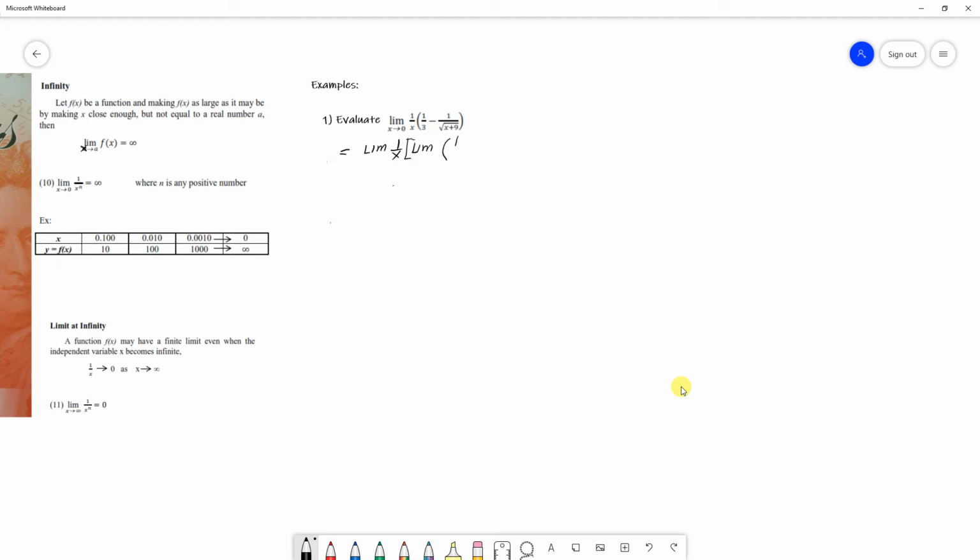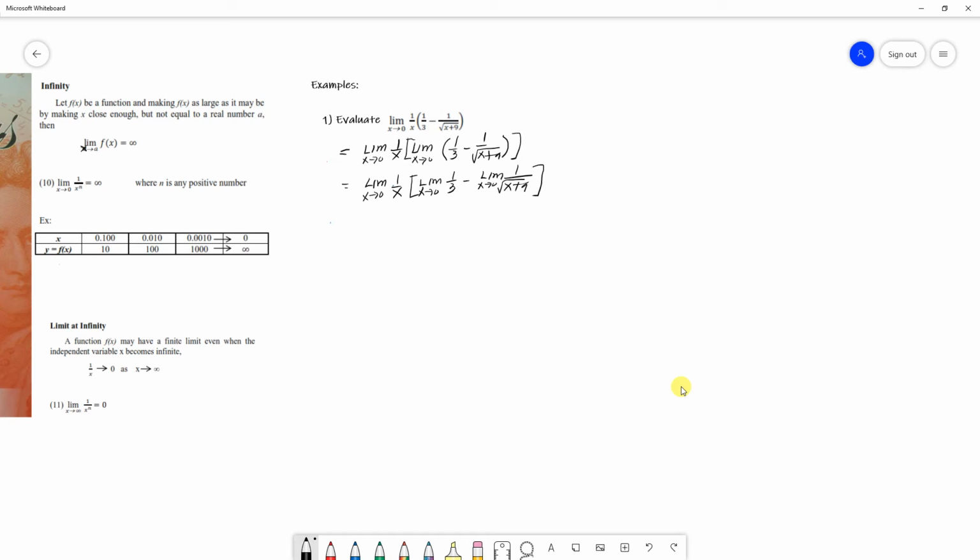Limits of 1/3 minus 1 over x plus 9, where x approaches to 0. Okay, so continue tayo. Limits of 1 over x, where x approaches to 0, we can separate the quantity. So, limits of 1/3 minus limits of 1 over x plus 9. And both x or limits approaches to 0.